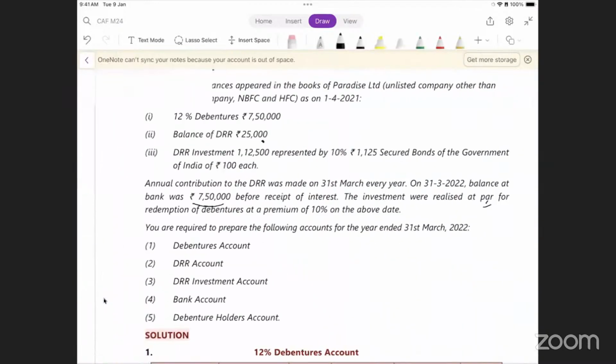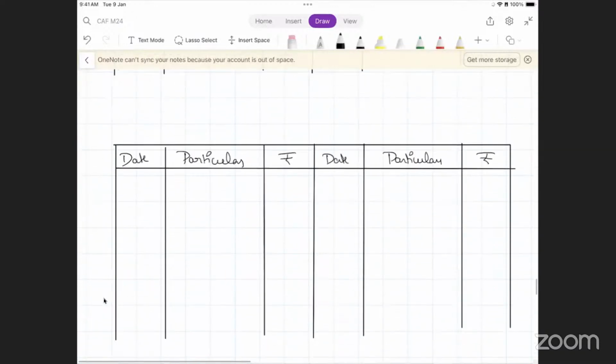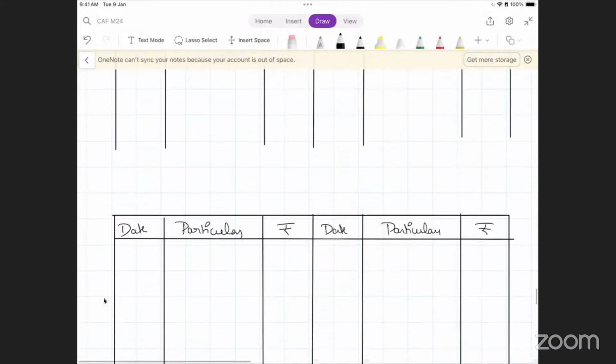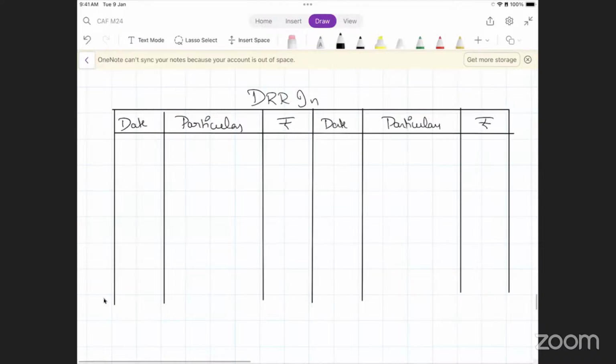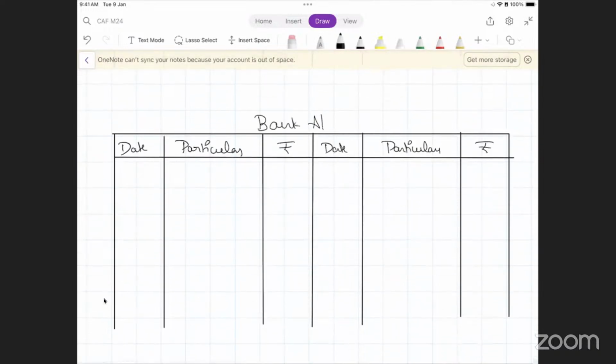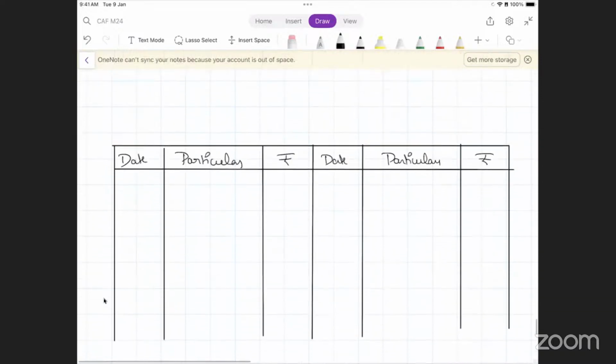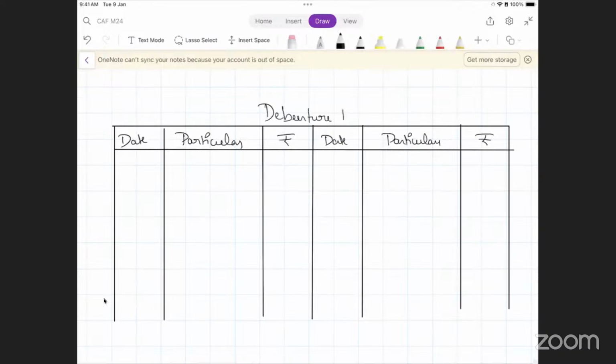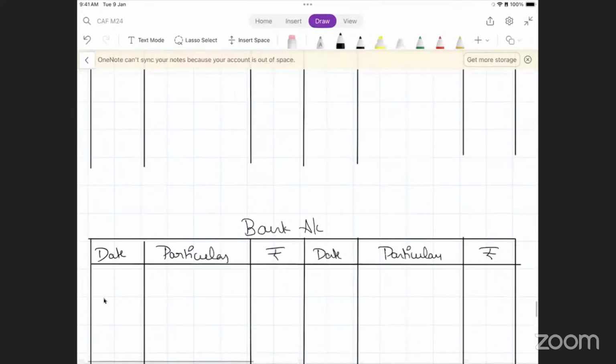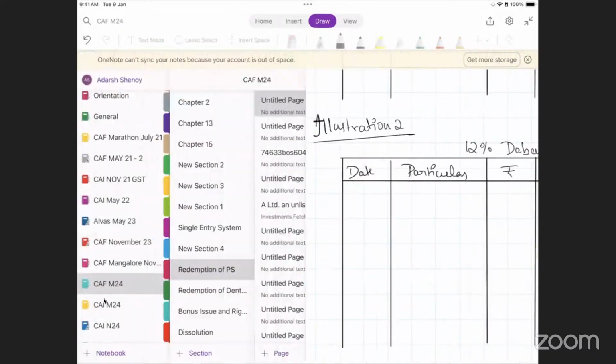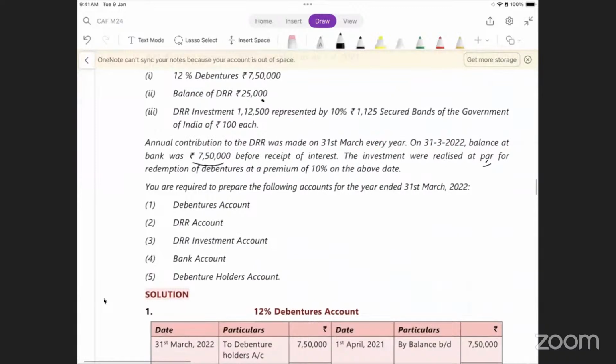The titles: DRR account, DRR investment, bank account, debenture holder account. 7,50,000.